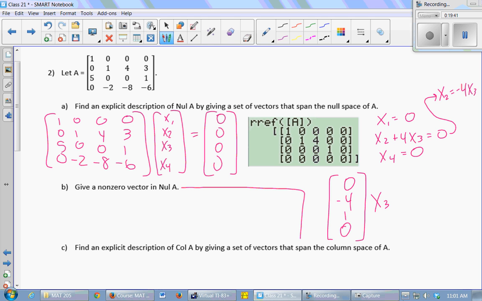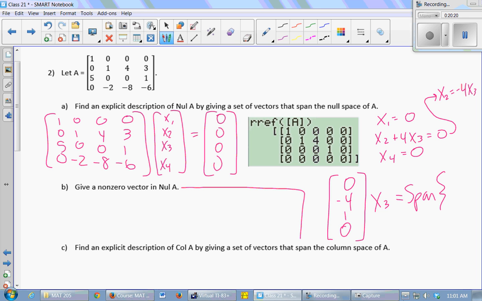So that is the set of all vectors that are in the null space of A. All the vectors that get mapped to 0 are a multiple of (0, -4, 1, 0). How could I write that using the word span? Set of all multiples of that vector, that's the span of that vector.